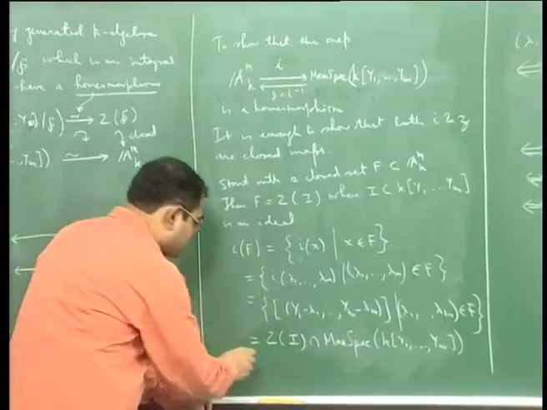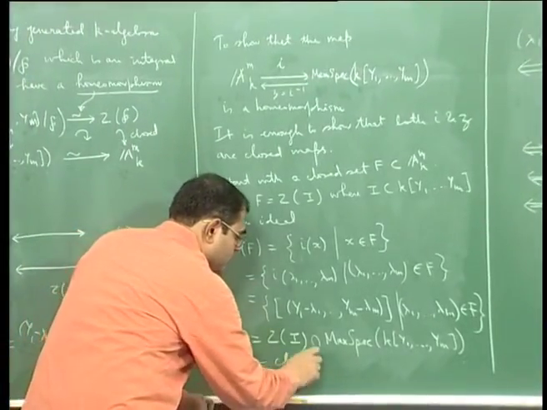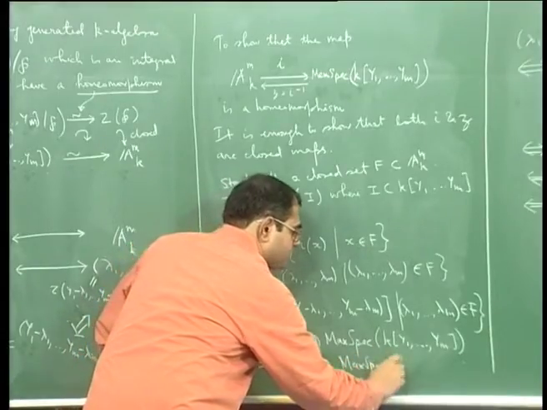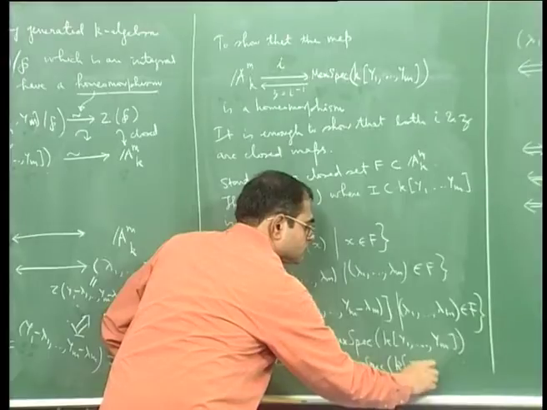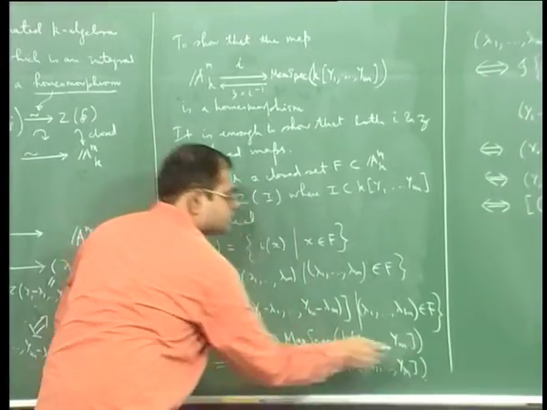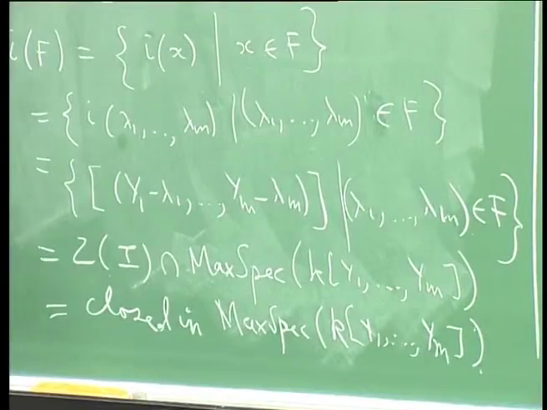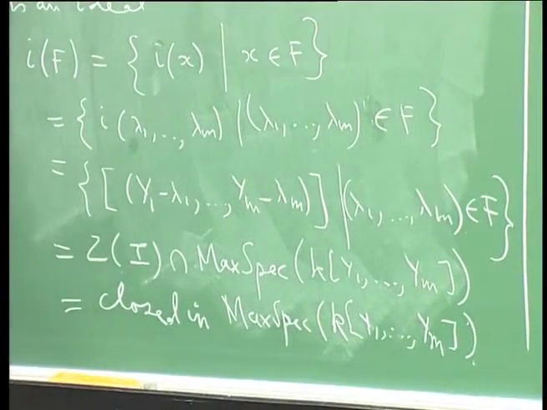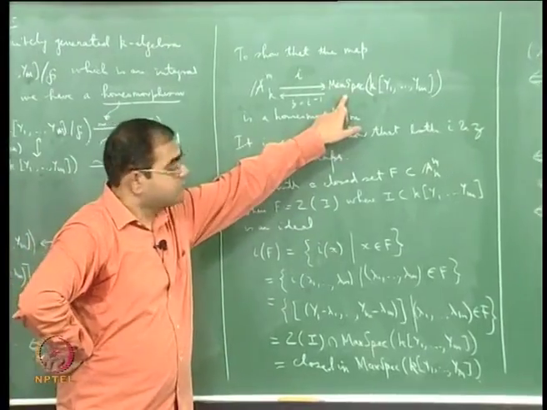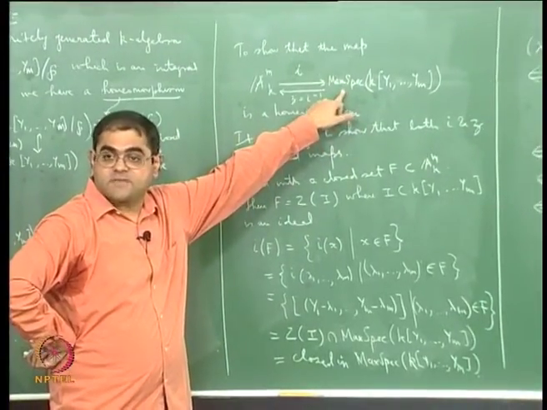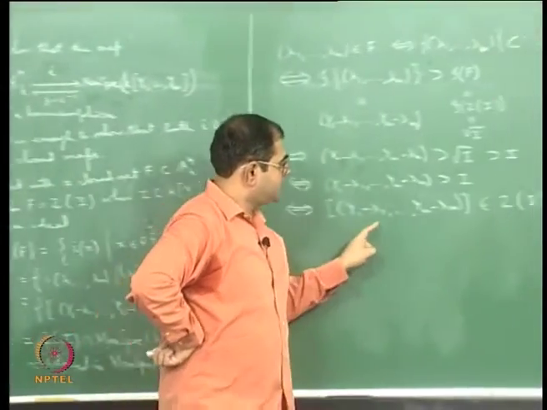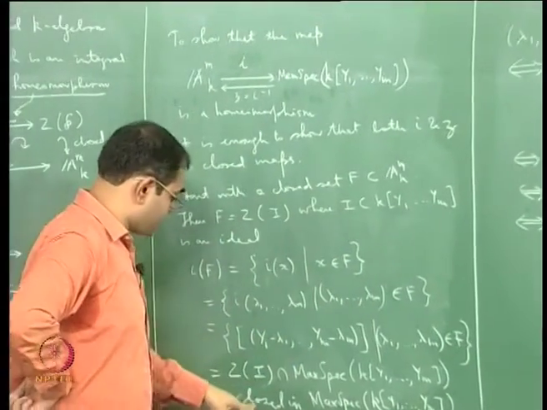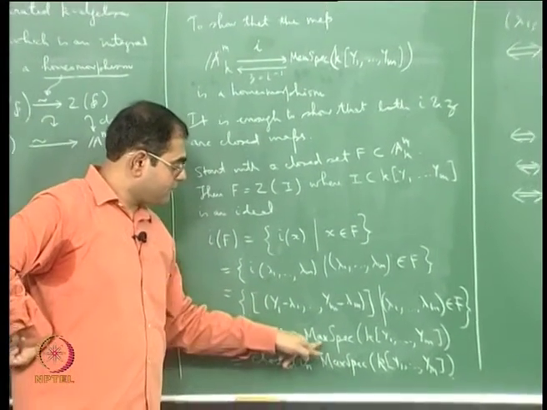Okay, which is closed in max spec. Mind you, if I take Z of I in the spectrum, it will consist of all those prime ideals which contain I, but I'm looking at only maximal ideals which contain I. So I will get Z of I intersection the max spec.